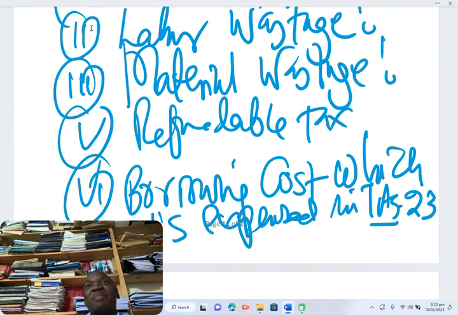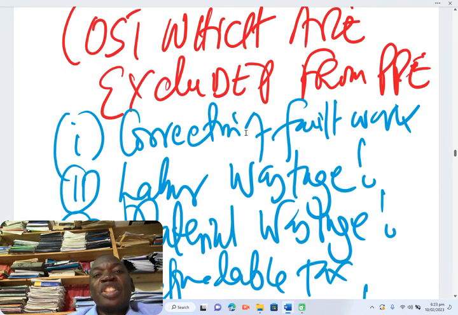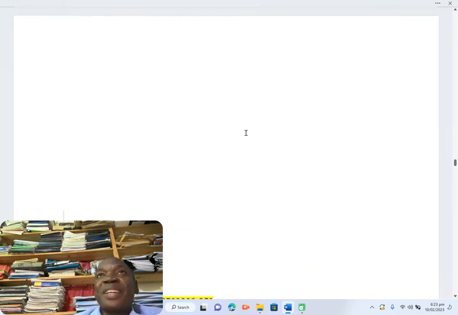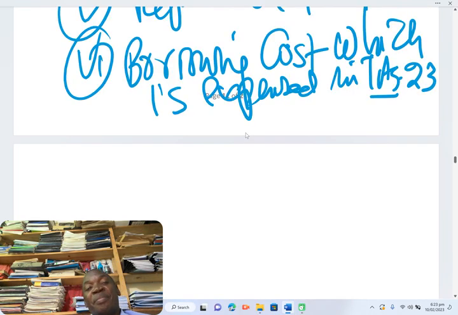Tutaisoma kule mbele. Sasa what am I doing here? This is the cost of the item initially which is excluded, I mean. Trade rebates, trade discounts haziingii. Hiyo cash discount haingii.